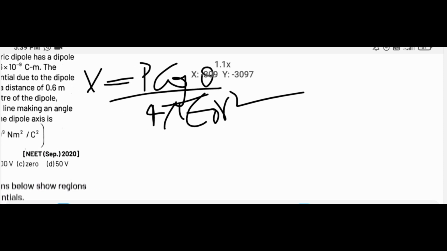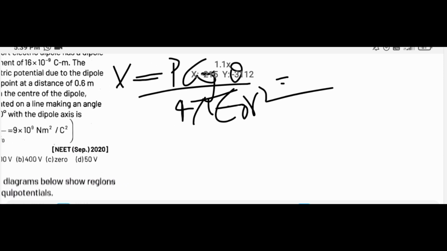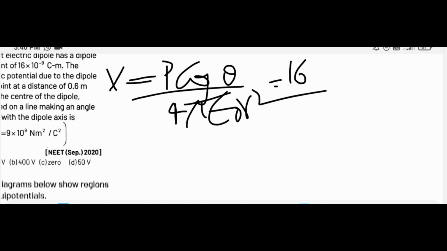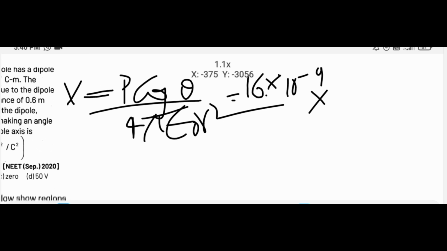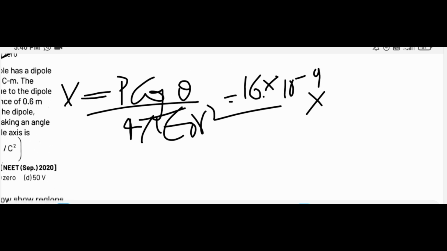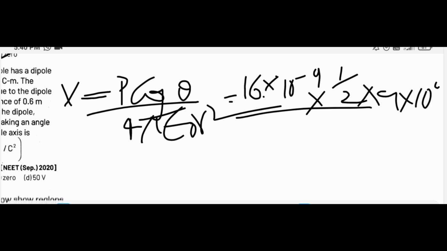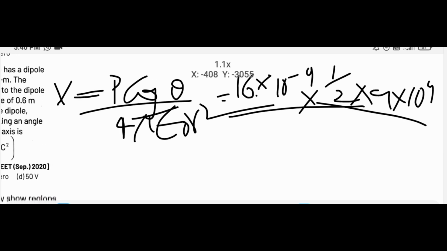They have given P as 16 into 10 power minus 9. Cos theta, that is cos 60. Cos 60 will be half, right? Divided by, 1 by 4 pi epsilon naught, that is 9 into 10 power 9, divided by r square. Radius they have given 0.6. 0.6 square will give 0.36.